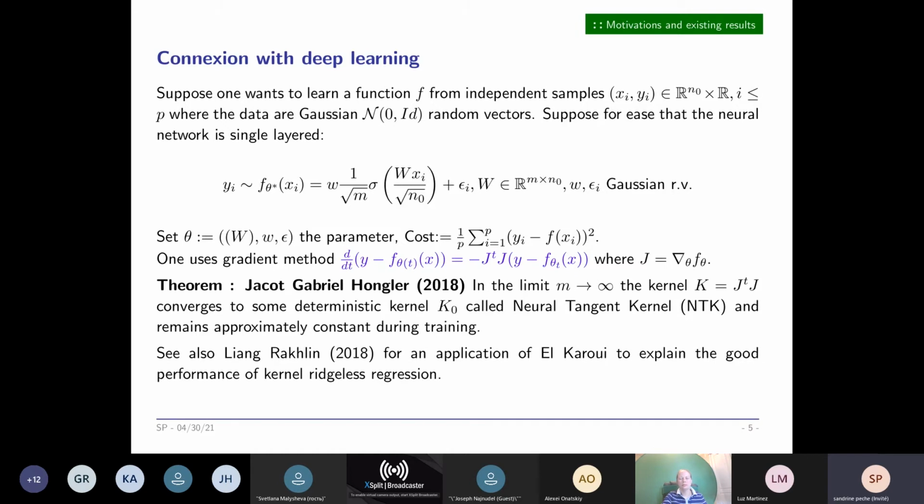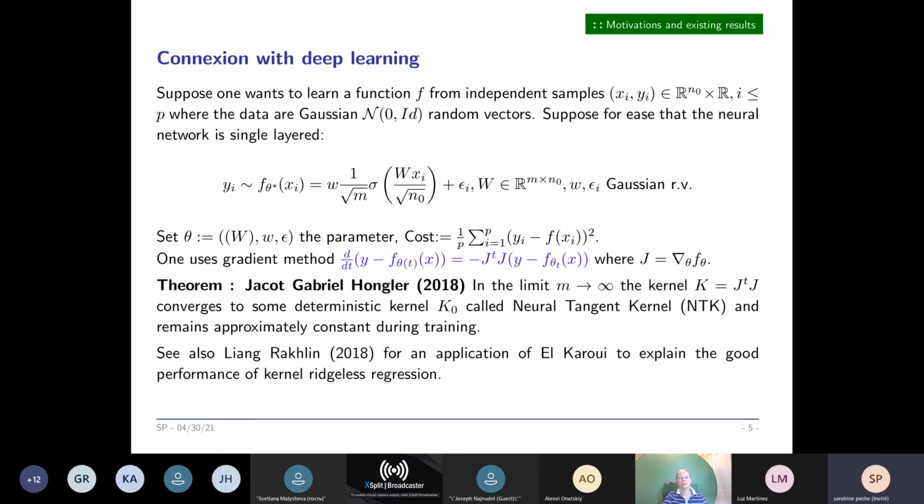We simply use a scalar product of a Gaussian random vector with the output of a single layer of our neural network. And there is some noise, which is again modeled using some Gaussian noise.